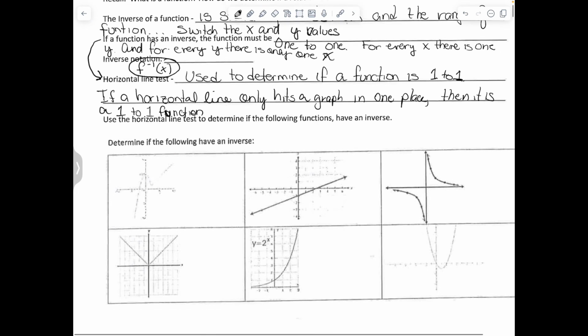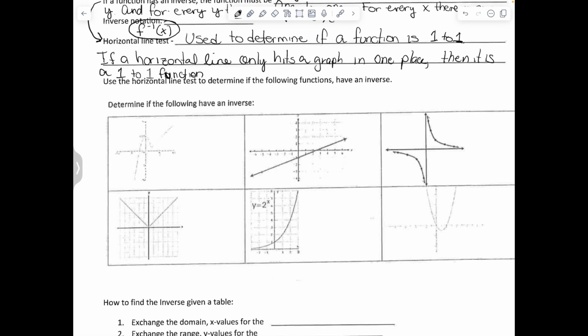We're going to use the horizontal line test to determine if these graphs are 1-to-1. This looks like the cubic function. If I take a horizontal line, let's make our line yellow, notice how at the bottom it only touches once, it's passing.